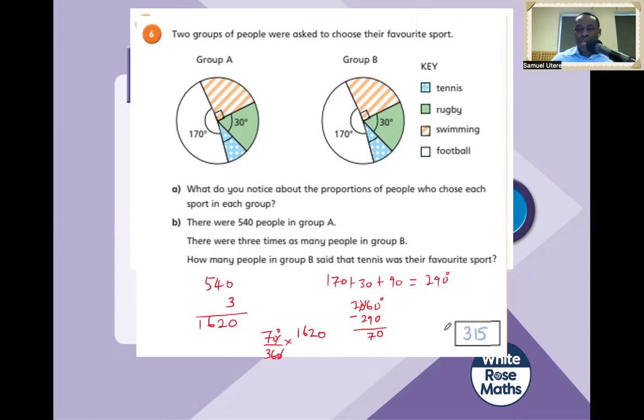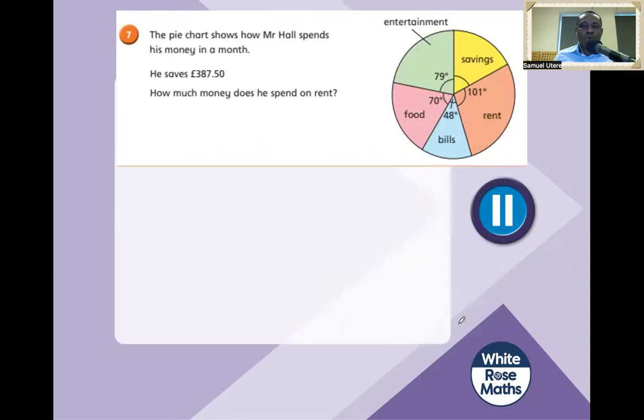So this is the approach you'd use, and then that will lead you to your answer right here. Pause the video and answer question 7 in 2 minutes.